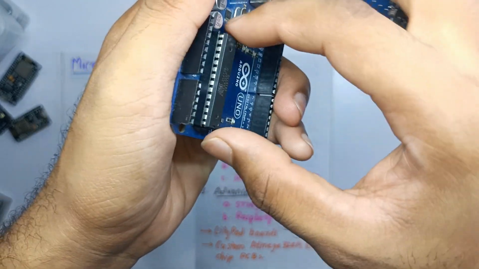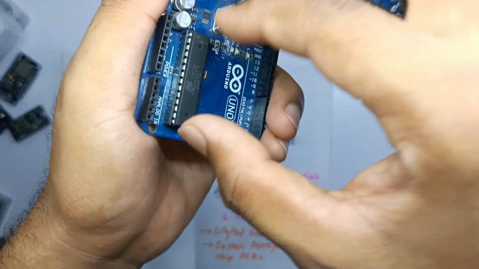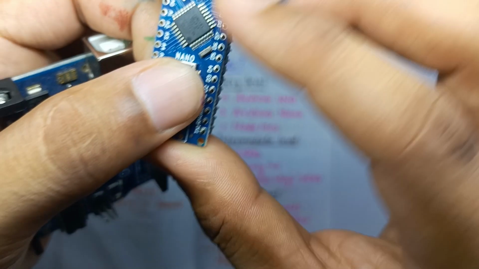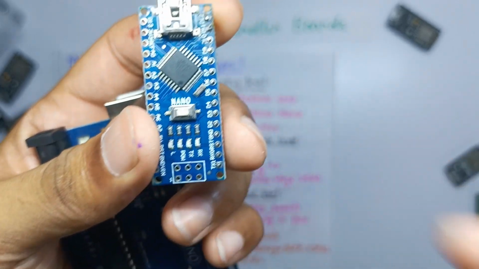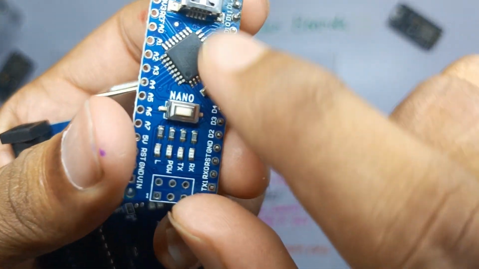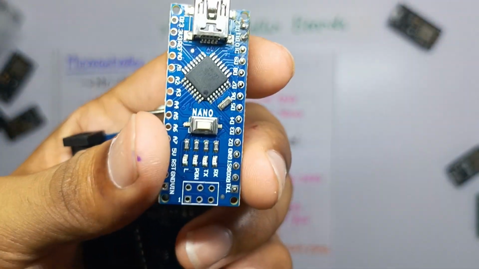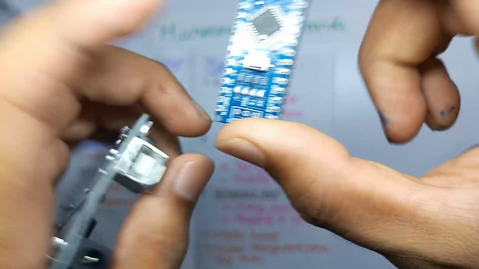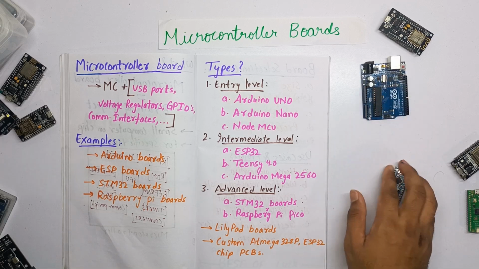The microcontrollers that you can take out and replace are called DIP. Whereas this one, we are unable to take out on our own, correct? We need to desolder it using some specific mechanism, and these microcontrollers are called SMDs. SMD means surface mount device, mounted on the board. So both of these are Arduino devices, Arduino Uno and Arduino Nano.